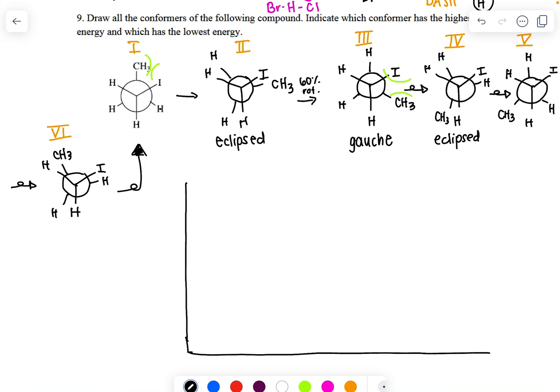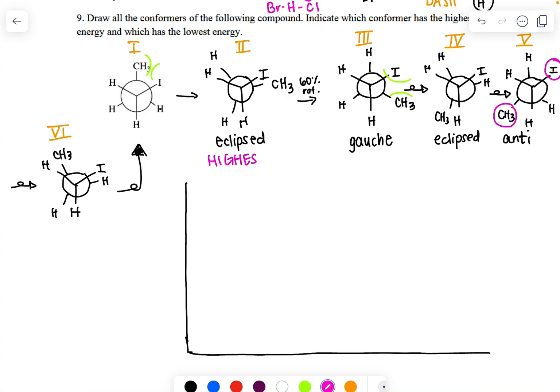So, oops, I forgot to name these. Over here, this is going to be our anti, where the bigger groups are opposite each other. So this is the best, lowest energy scenario. So the first one is a gauche, and let me just write a couple of notes here. This is going to be the highest energy.